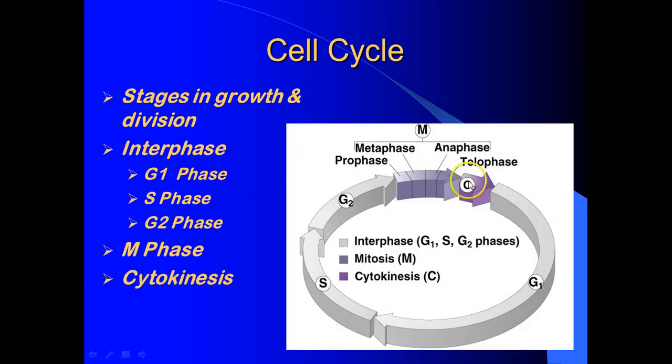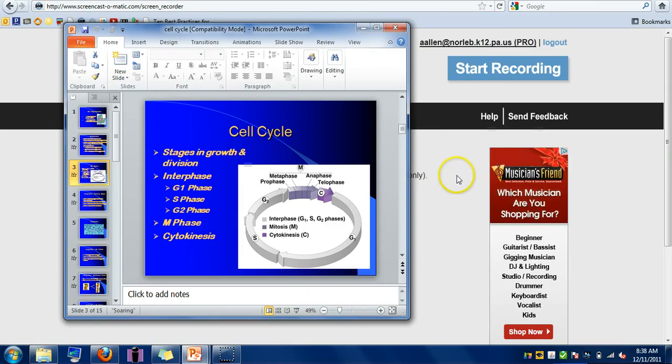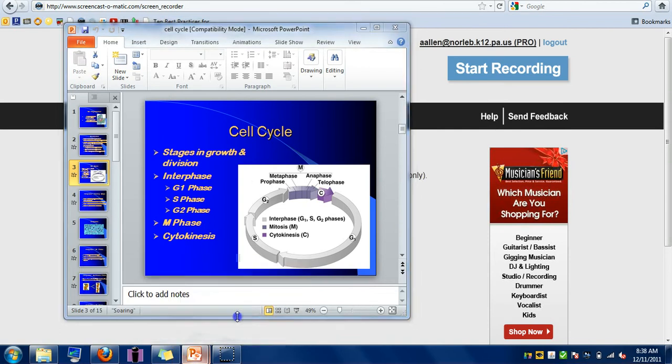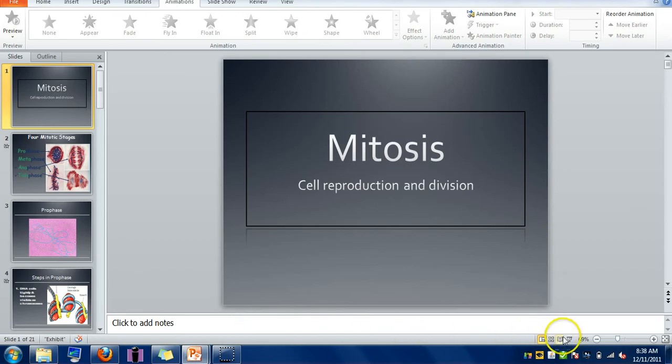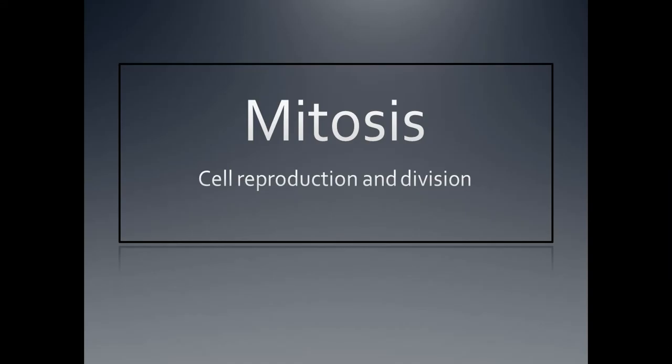If you look at a cell cycle, the cell goes through this circular loop over and over again, and this is the part we're going to focus on: prophase, metaphase, anaphase, telophase. So let's move over to mitosis and get started.